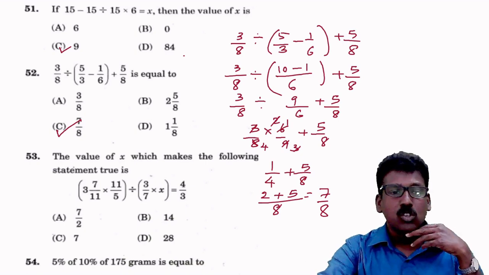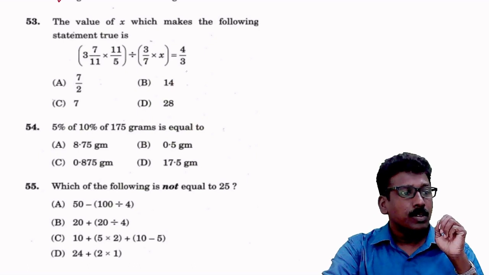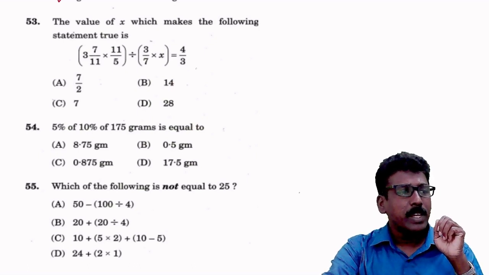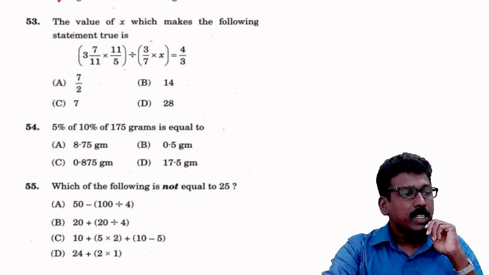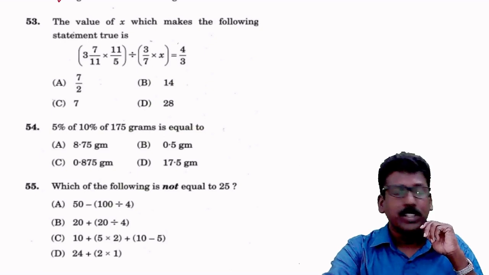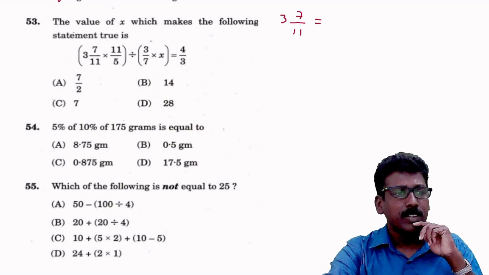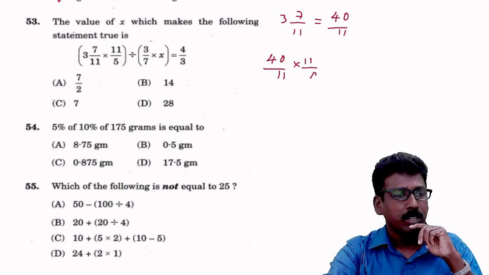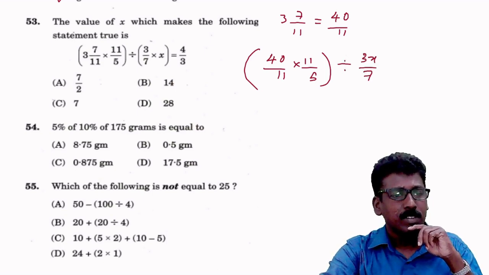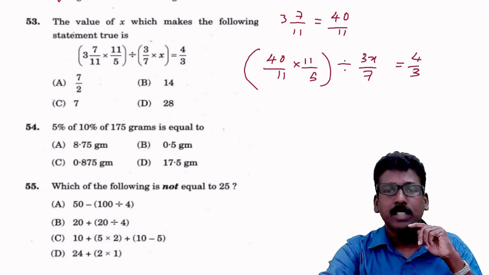Now look at the next question. The value of x which makes the following statement true is 3 7 by 11 into 11 by 15. 3 7 by 11 means 11 into 3, 33 plus 7, 40 by 11 you can write. So it is 40 by 11 into 11 by 5 divided by 3x by 7 is equal to 4 by 3.